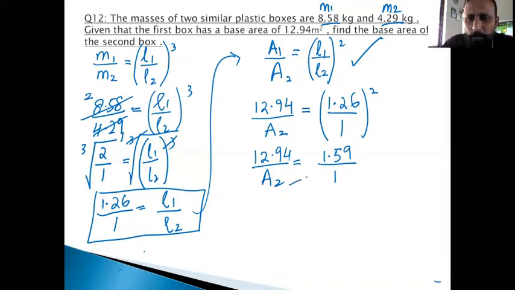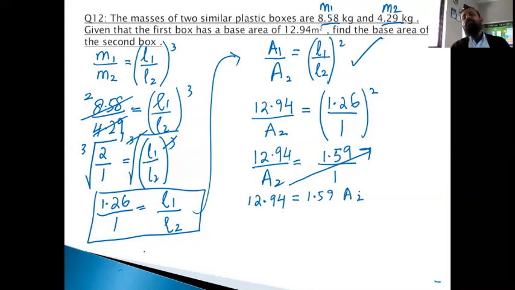And the square of 1 is 1. Cross multiply A2 over there. So we have 12.94 equals 1.59A2. Now dear students, what is unknown? A2 is unknown. Bring back 1.59 on this side. 12.94 divided by 1.59.